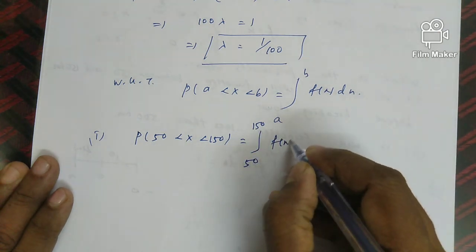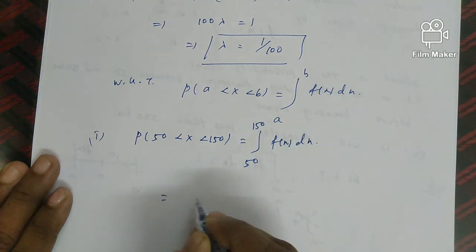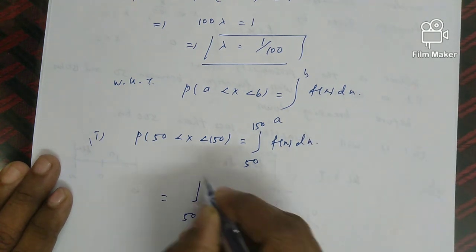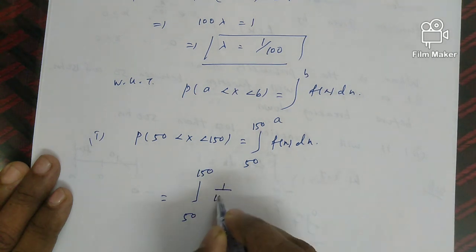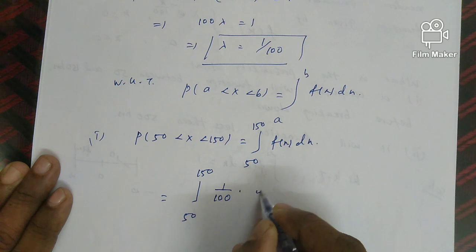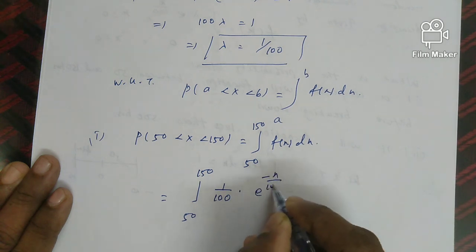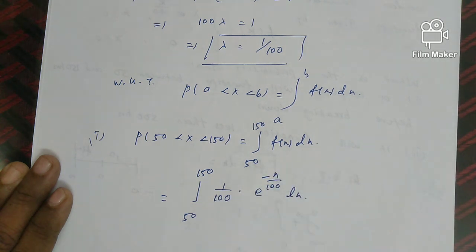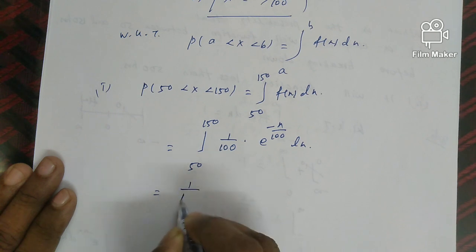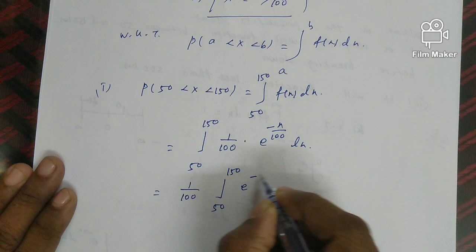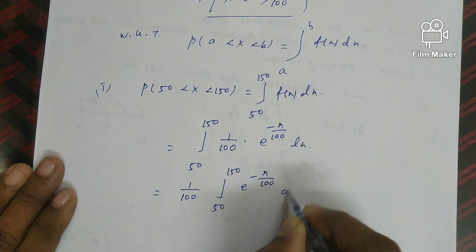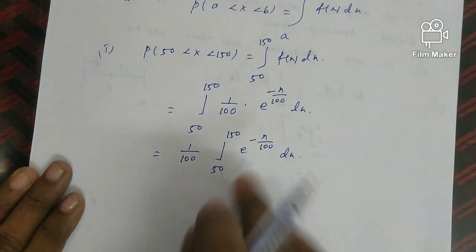Which is equal to integral 50 to 150, where f of x is lambda, and lambda is 1 by 100, so 1 by 100 into e power minus x by 100 dx. Here 1 by 100 is a constant, so we can take it outside before integration. So integral 50 to 150 e power minus x by 100 dx. Just now we have integrated the same term.